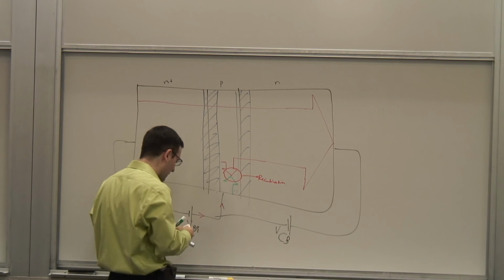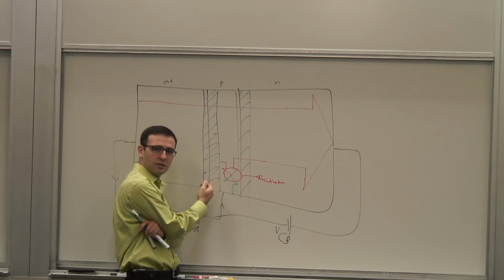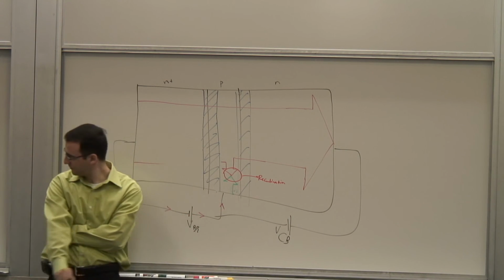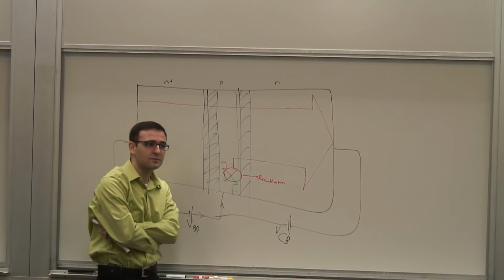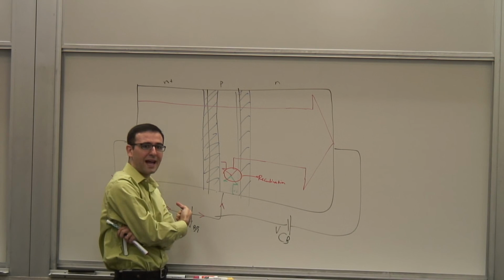Okay, what else? Now, do I need to provide some additional holes in addition to these? Do I need some more holes? Yes. Right? Why do I need additional holes now? Because still, there will be some holes being injected back into the emitter.